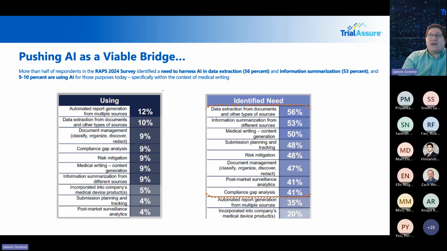However, only 1 in 10 are actually using AI today. That means that there are 9 out of 10 people in the industry that are yet to be leveraging AI, which is a huge need for us to drive efficiencies and creating more resources and less burden on the team members.